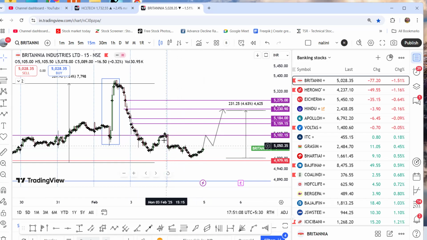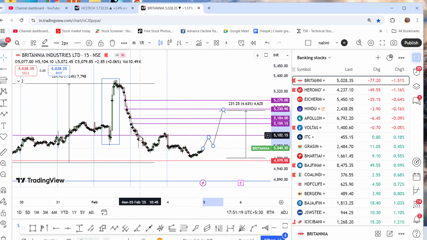So tomorrow, if it gaps up, remember that this is the bear gap it is filling. That is bear dynamic liquidity. Once it fills this liquidity, as I had shown you, it will be interacting with the 50-period moving average.